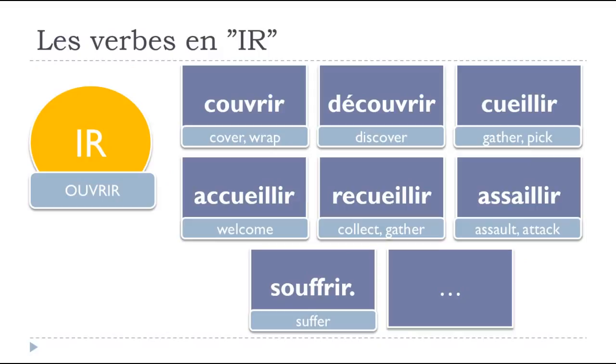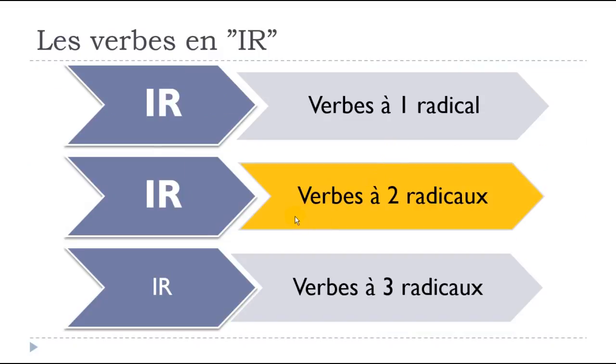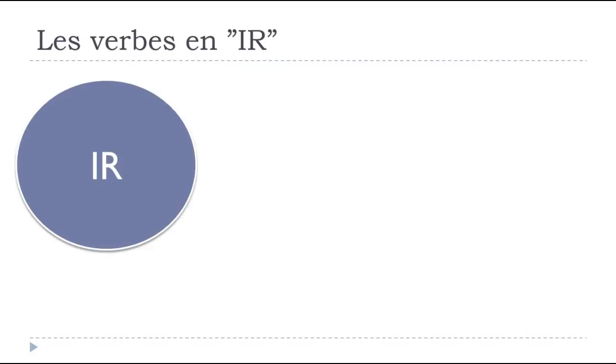Okay, so now let's see the second group, what we call les verbes à deux radicaux. And so we'll take partir. Partir is to leave. We use this verb quite often, so it's quite important to see how to conjugate that in the present.